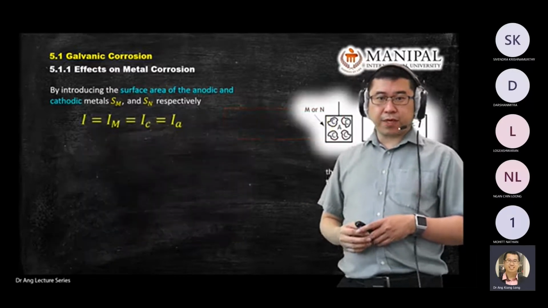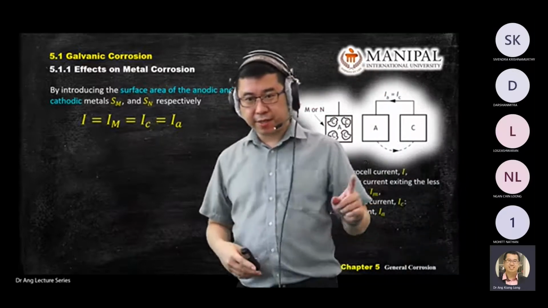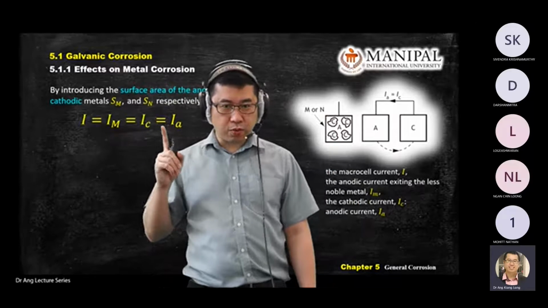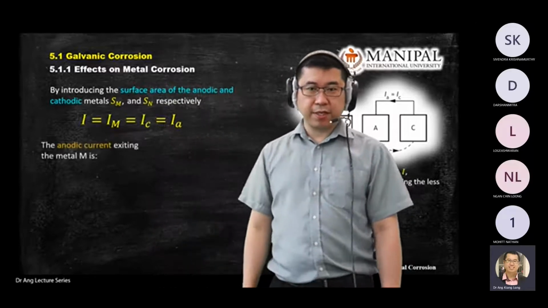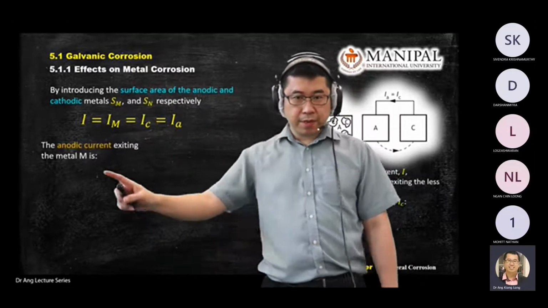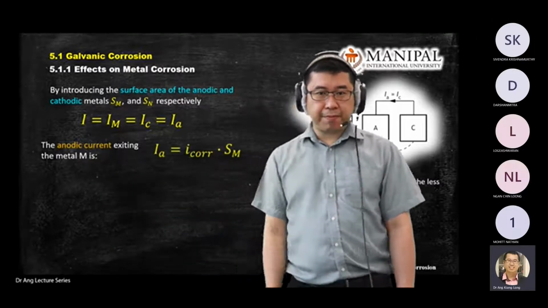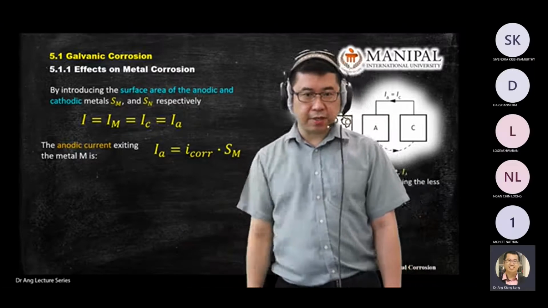Okay, I pull the diagram to my right-hand side and I continue to work on my equation here. So the anodic current exiting metal M is given by this equation.